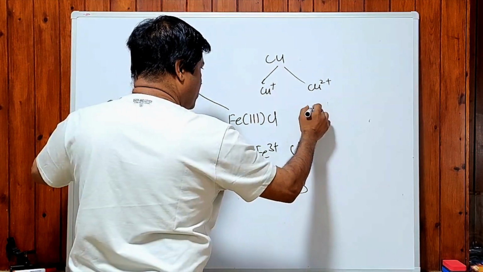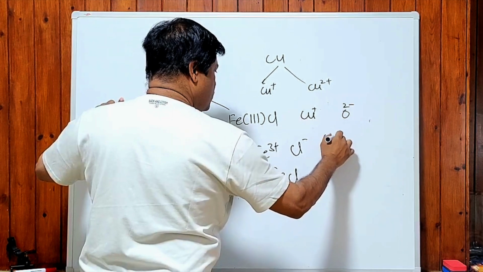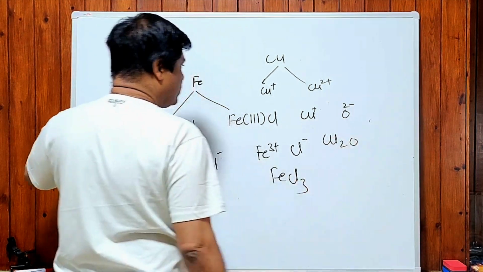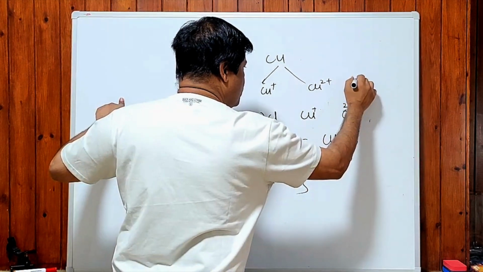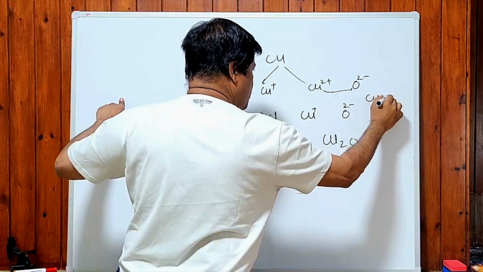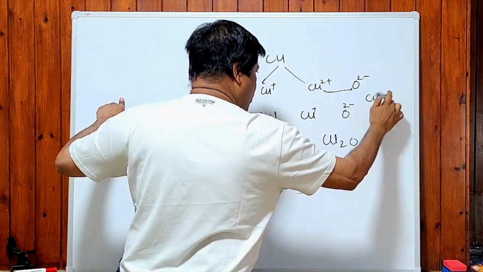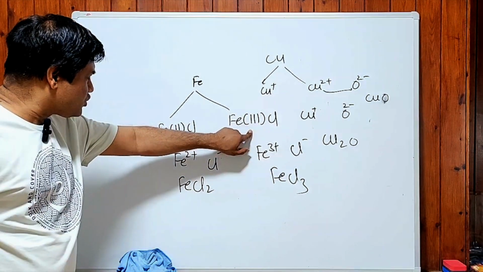Copper plus 1 with oxide 2 minus gives Cu2O. This is also called copper oxide. And Cu 2 plus with oxide 2 minus is also called CuO. So this number means it lost 3 electrons.